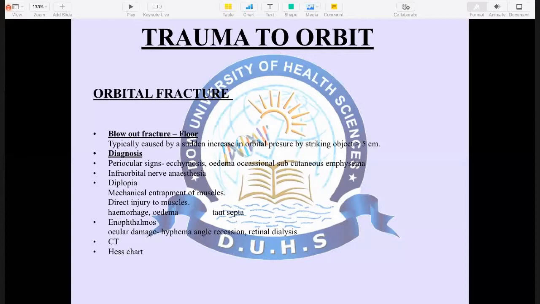Then the lateral wall is made up of the greater wing of sphenoid and the zygomatic bone. The inferior wall is made up of the zygomatic bone, the maxillary and the palatine bone, and the medial wall is made up of the maxillary, the lacrimal, the ethmoid, and the sphenoid bone, right?